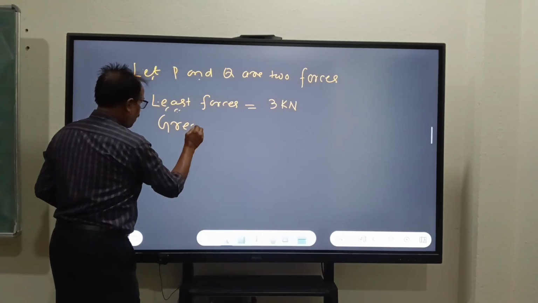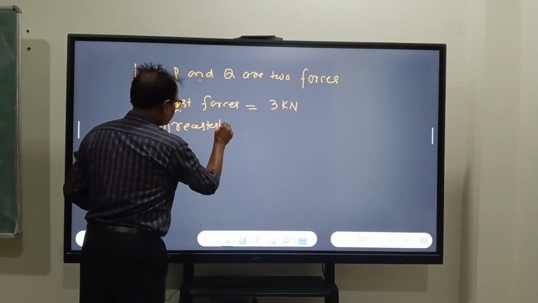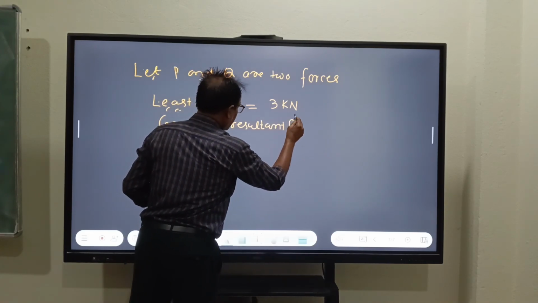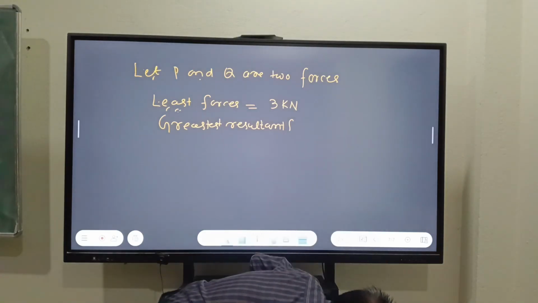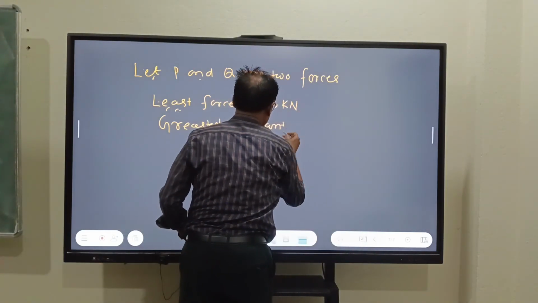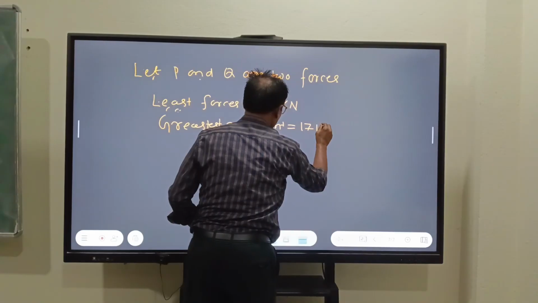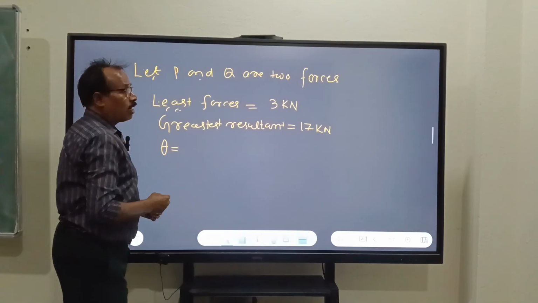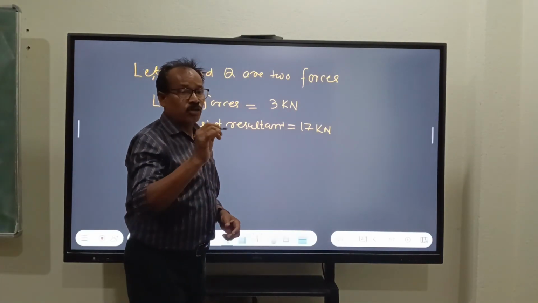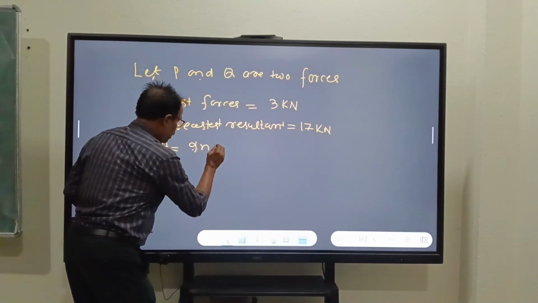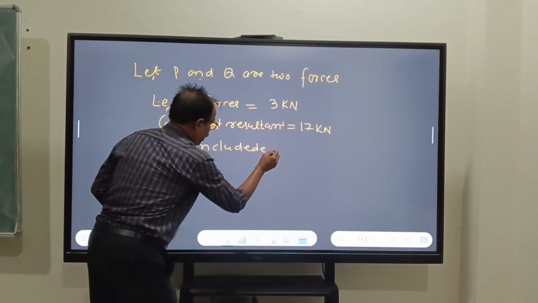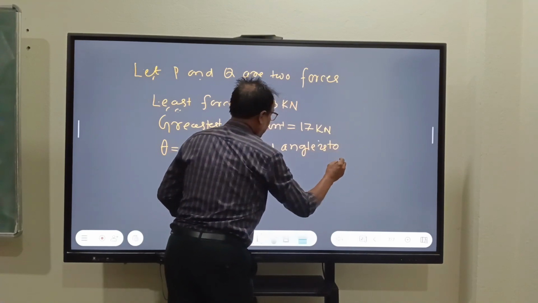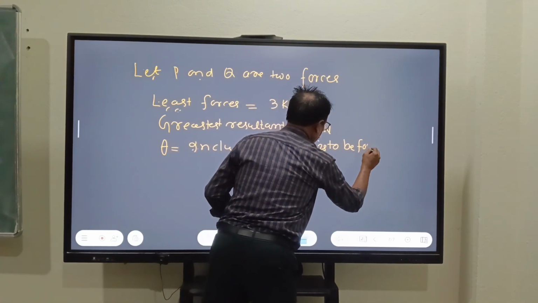The greatest resultant force is equal to 17 kilonewton. Now, theta, the included angle, is to be found out.